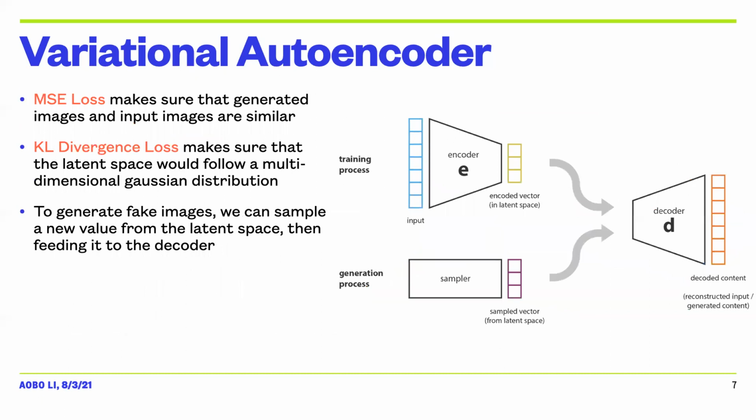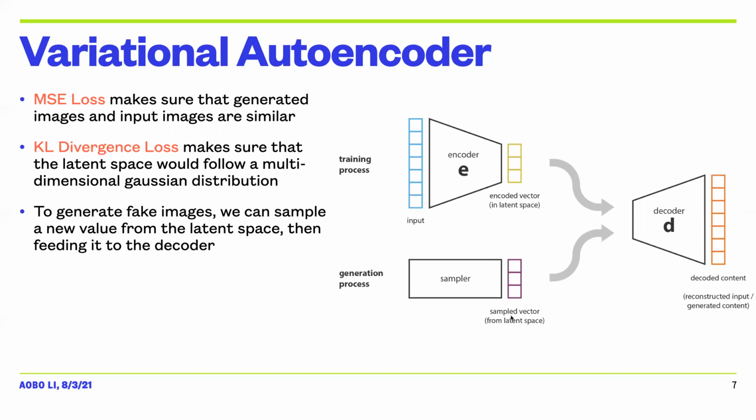So as I talked about on the last slide, MSE loss makes sure that the generated image and input image are similar, while the KL divergence loss makes sure that the latent space follows a multidimensional Gaussian distribution. So whenever you would like to generate a fake image, you can sample a value from this multidimensional Gaussian space.